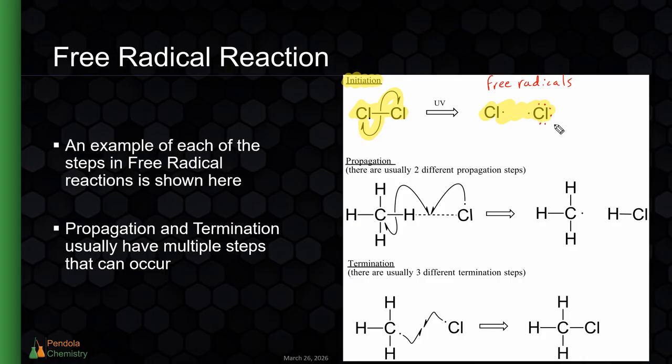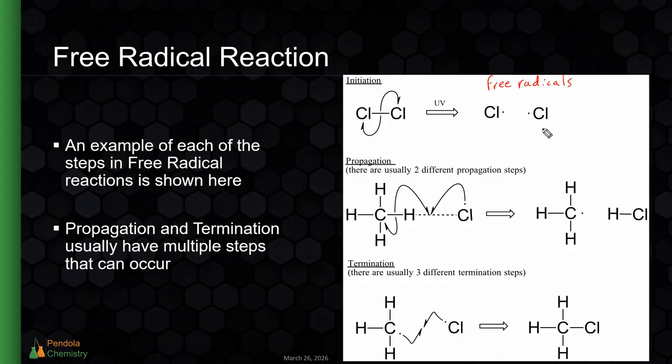We're just not showing them because a lot of the time we don't show that in organic chemistry, because these 3 pairs of electrons are not relevant to what's going on right now. Whereas that one unpaired electron is relevant because that's what makes this molecule so reactive. So we're not going to show those electrons. We're just going to show the one that we care about.